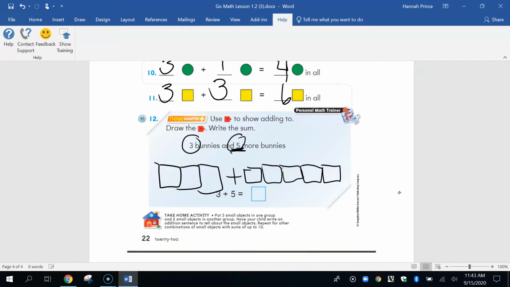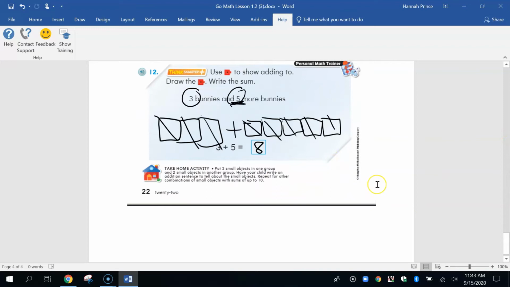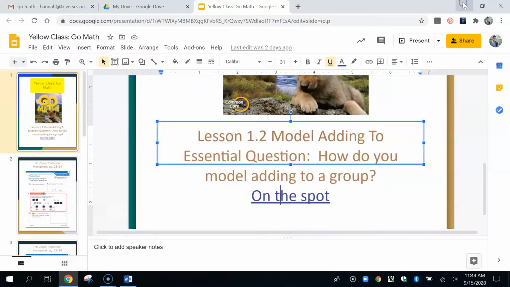Go ahead and count. Go ahead and tell me the answer on 3. 1, 2, 3. If you said 8, you are correct. Nice job. Okay, so that is all we have for the notebook.